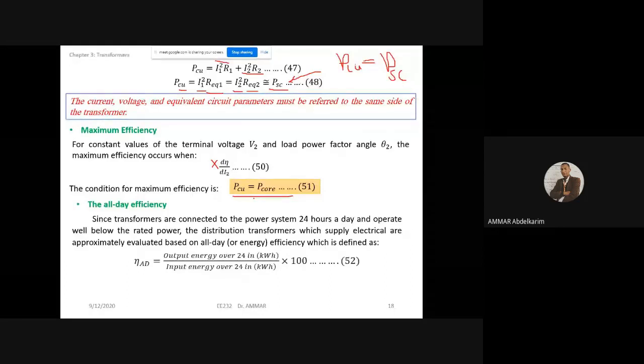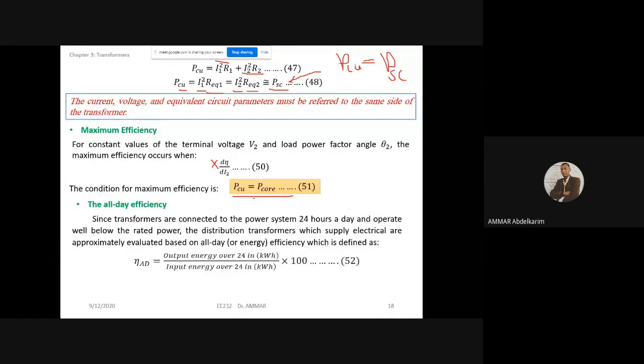The maximum load that this transformer can support. So the current in case of full load is the rated current. And sometimes this transformer works at half load or at 25% of the load. We don't know exactly where the efficiency is maximum. Is it at full load or half of the load?